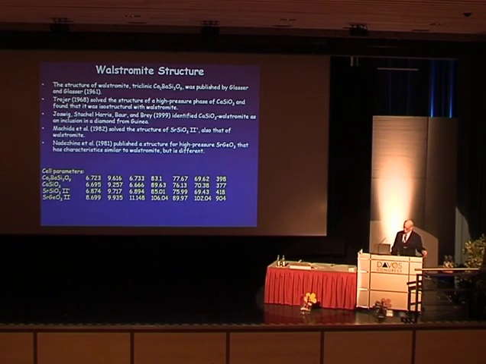I'll say something about the Goldschmidt structure. It was originally known as Ca2BaSi3O9, and Troyer, who was also a graduate student with Berger, solved the structure of the high-pressure phase of pure calcium silicate, and we later found out it was the same structure as Goldschmidt.